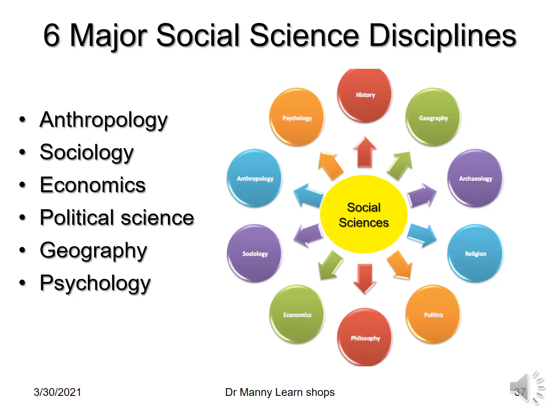There are 6 major social science disciplines, which we indicated before, and there are many others as well. However, the 6 major ones that we're going to cover during this course, and it doesn't stop you from looking at others and asking questions, are anthropology, sociology, economics, political science, geography, and psychology.